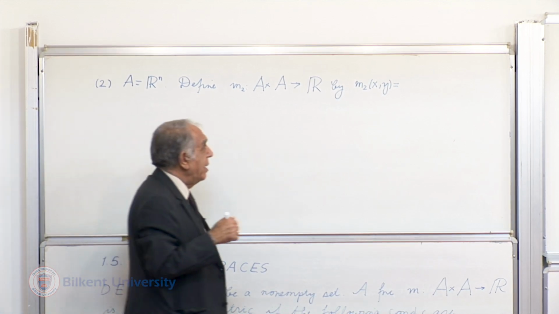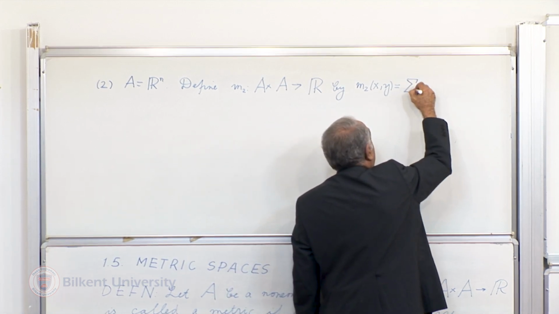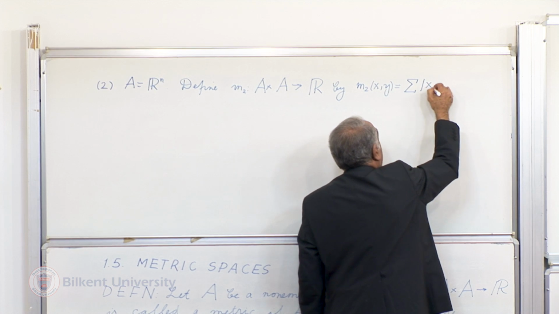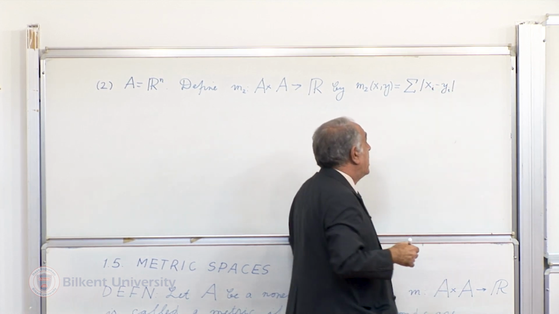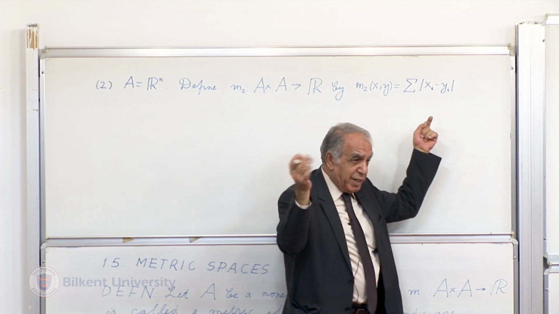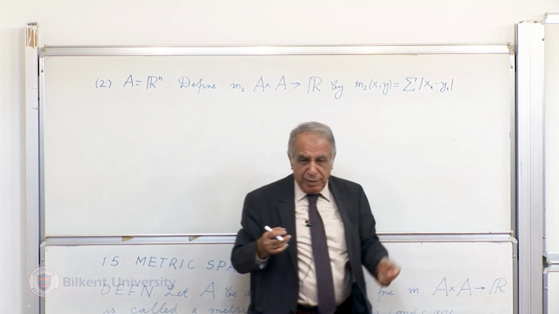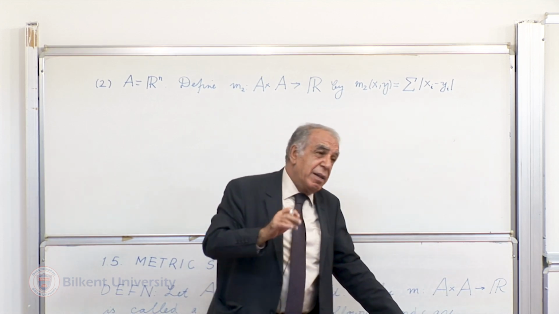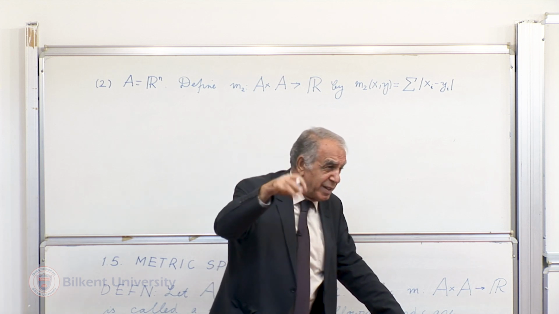Well, instead of that, let's try the following. Again, let's go component-wise. We squared them in the usual distance because we wish the sum to be something non-negative. But let's take the absolute value of that. Well, square them and then take the square root of the sum.